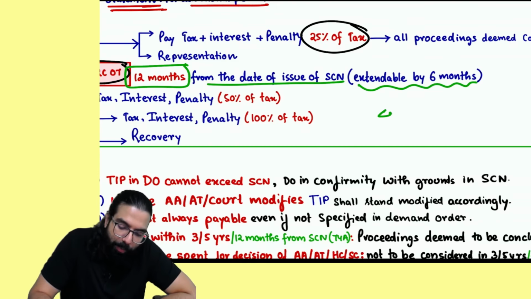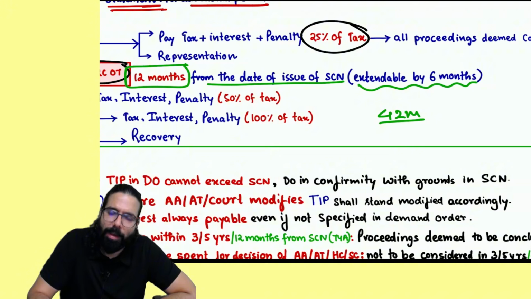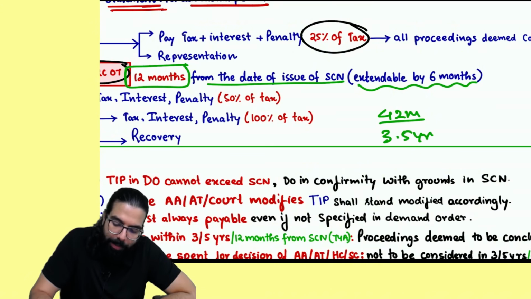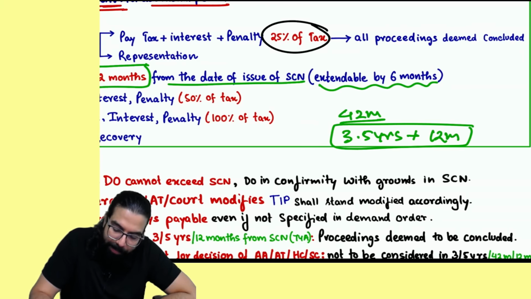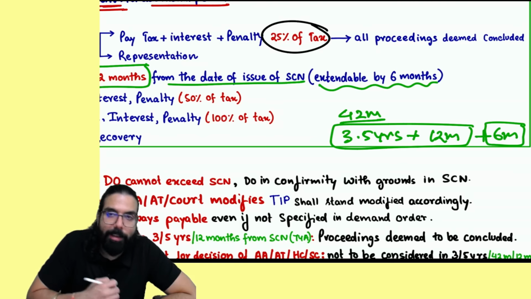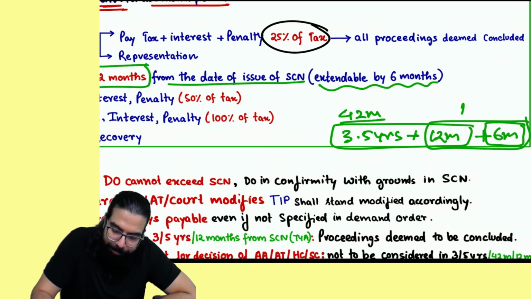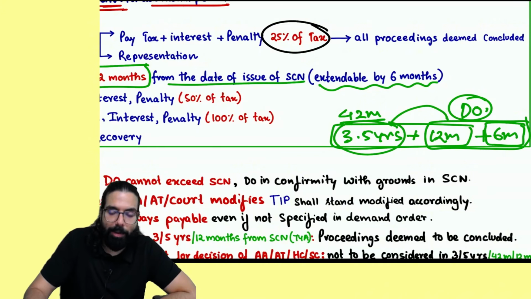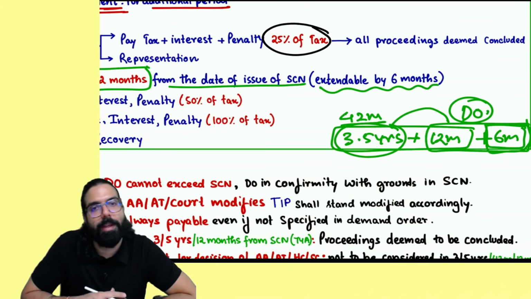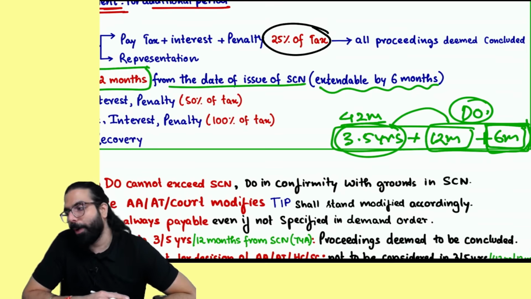So show cause notice is 42 months, which means 3.5 years, plus 12 months you will get the demand order, and if they can't give it in this time, 12 months plus 6 months is the time limit for the demand order. From which date? Once the show cause notice is given, from that date within 12 months they will give the demand order. If they can't give in 12 months, then they will take another 6 months and give you the demand order. I hope this point is clear to all of you.